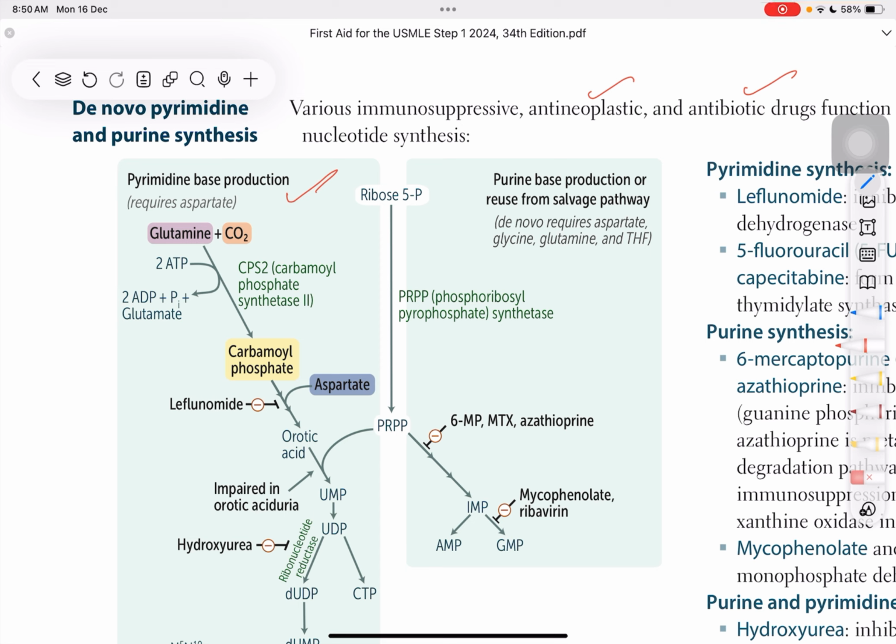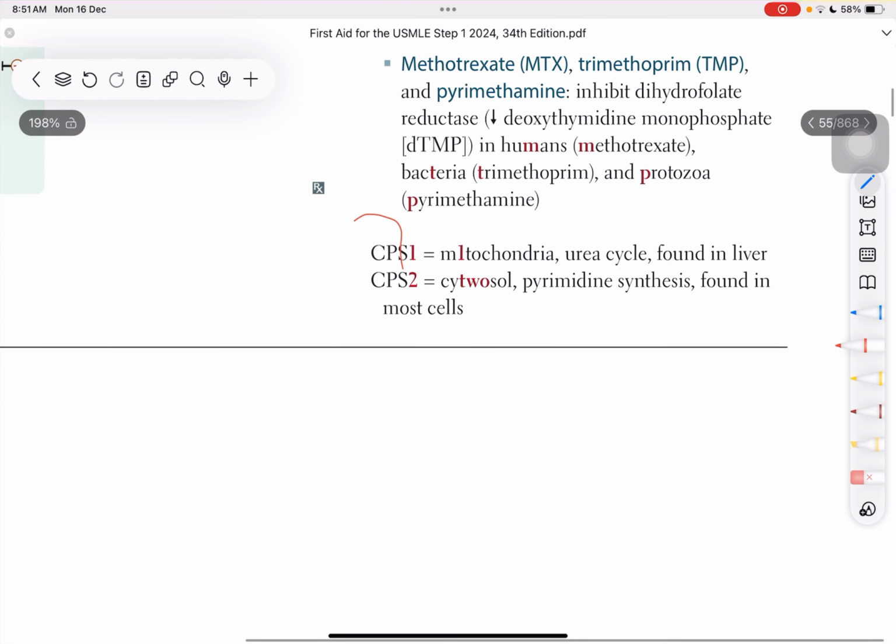The main difference between these two is that carbamoyl phosphate synthetase 2 is used in DNA production, whereas CPS1 is used in the metabolism of urea, which comes from your proteins. There is a mnemonic given over here.